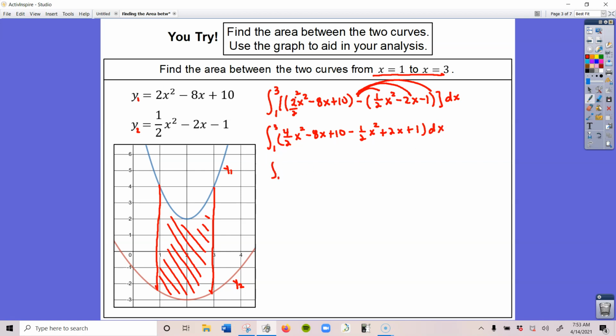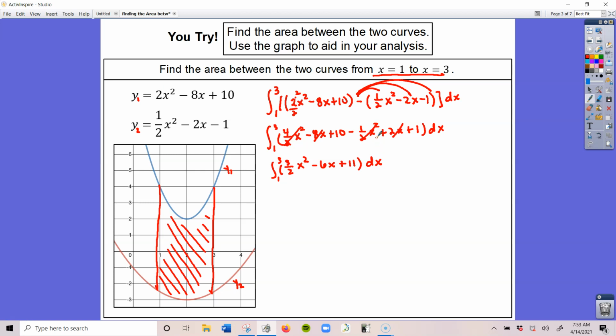Now let's combine like terms. So we get the integral from 1 to 3 of 4 over 2 minus 1/2, which is 3 over 2, x squared. Then negative 8x plus 2x is negative 6x. And 10 plus 1 is 11.